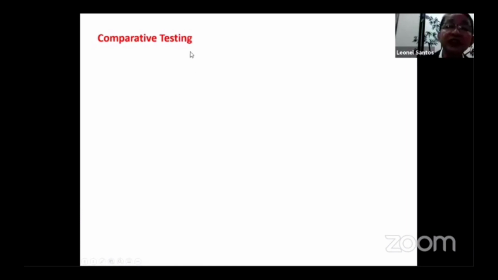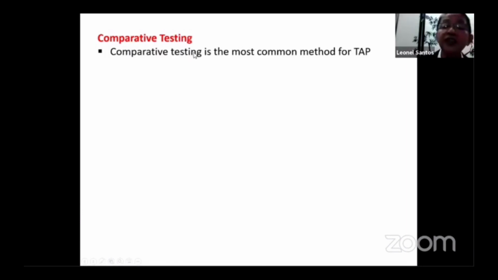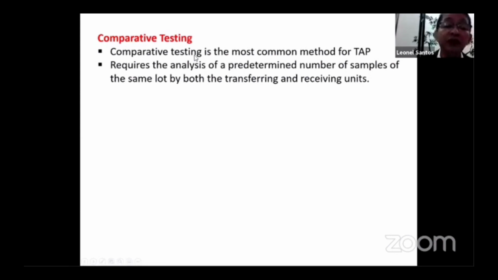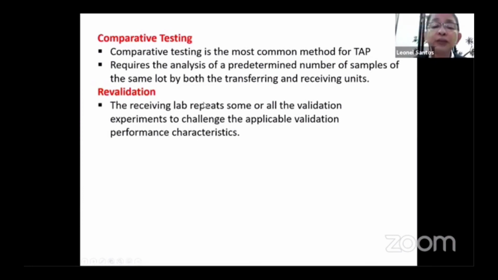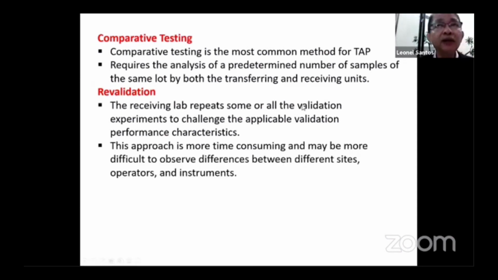Comparative testing, however, which is the most common transfer analytical procedure protocol, requires the analysis of a predetermined number of samples from the same lot by both the transferring and receiving unit. Revalidation would be repeating some or all of the validation experiments, but this would be the option that is the most time consuming, because the receiving laboratory is going to be performing the validation.